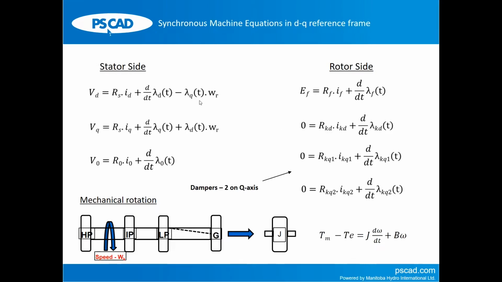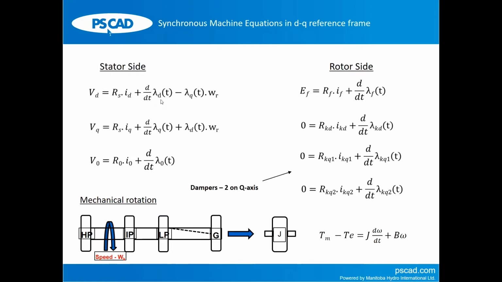You can have a DC current or a DC flux, but just by moving the position of the windings you get a rate of change of flux, which induces a voltage. So this is called the rotational term.